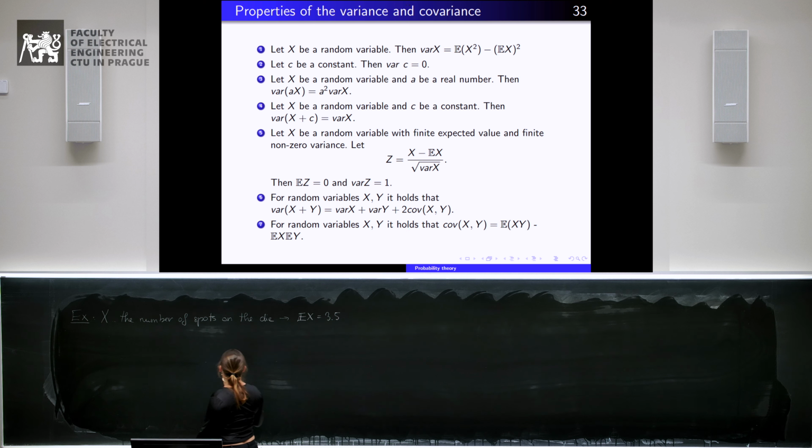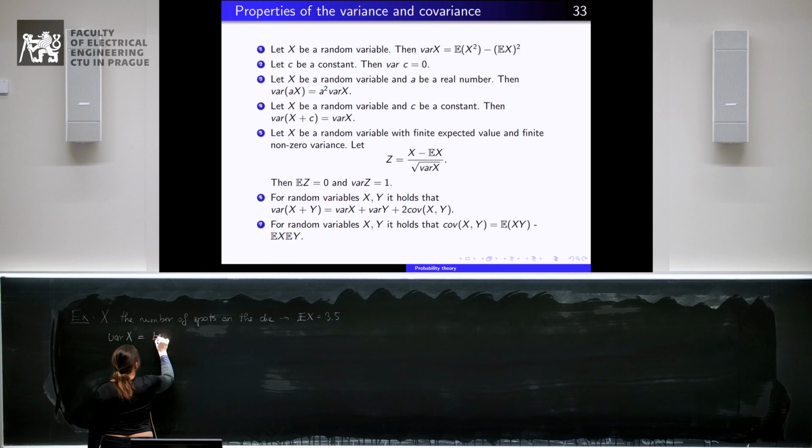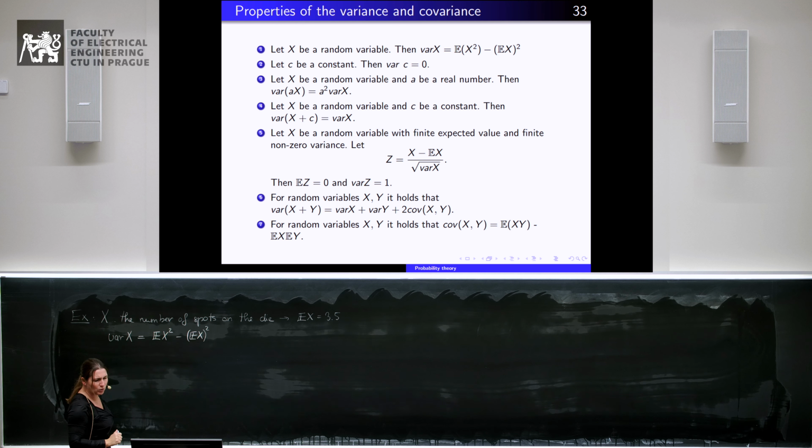And when we want to calculate the variance using the first property, we need to calculate the expected value of X squared, because then we just subtract the square of the expected value, which we already have, and to calculate its square is very easy.